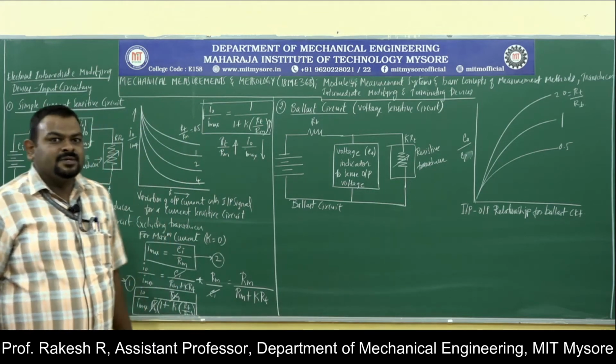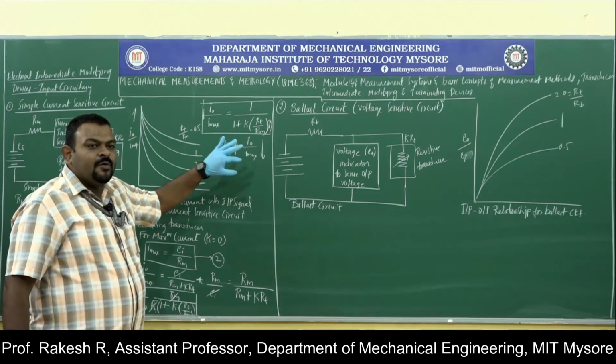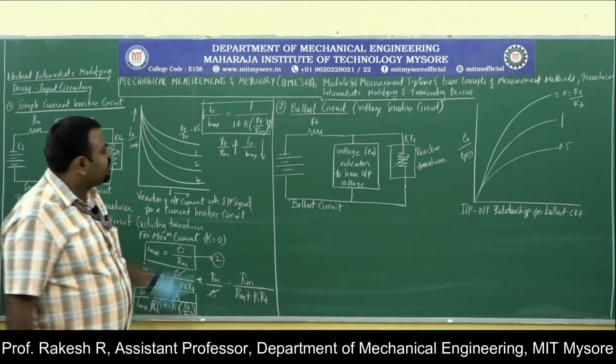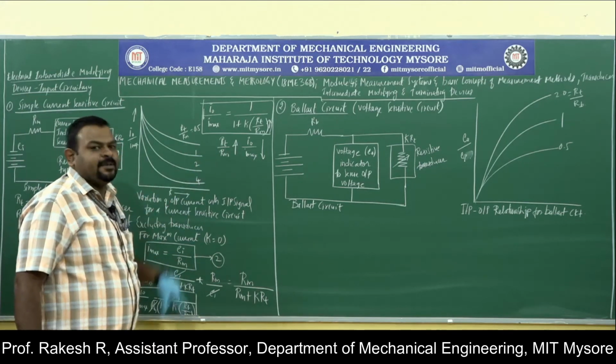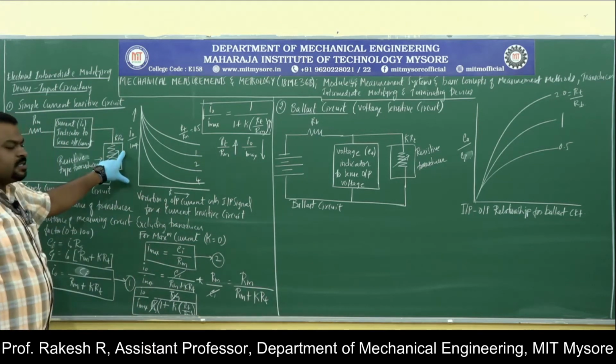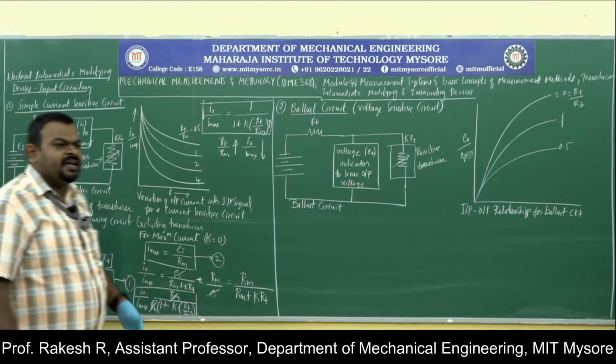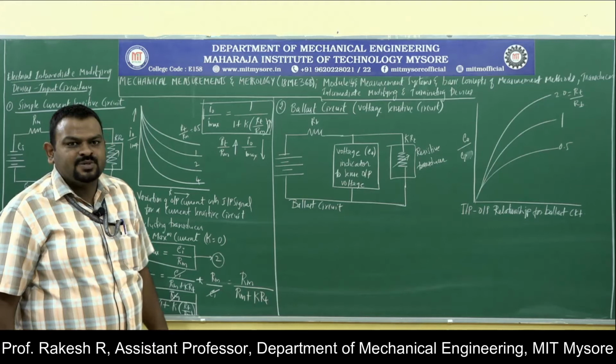In other words, this will have more resistance. You have to select it in such a way that RT should be greater than RM. RT means this value should be greater than this value. Practically, it may not always be feasible.